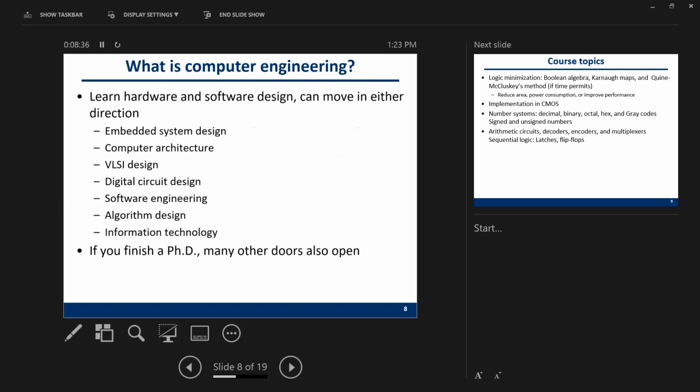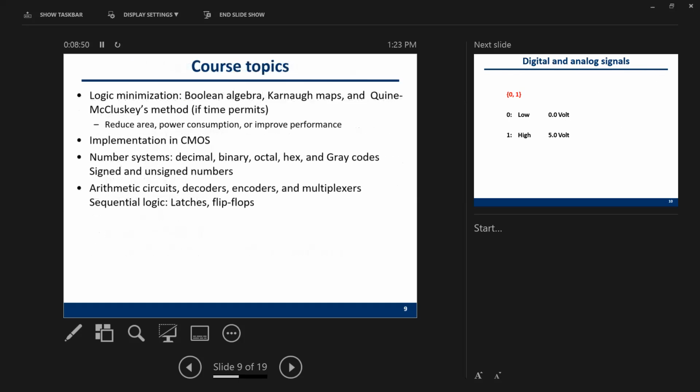After you have this class, you can continue in many directions, or you can apply to our PhD program, assuming that you are a master's degree student.